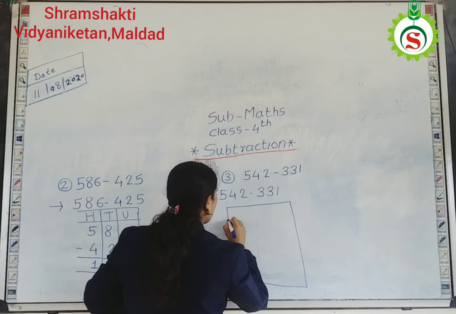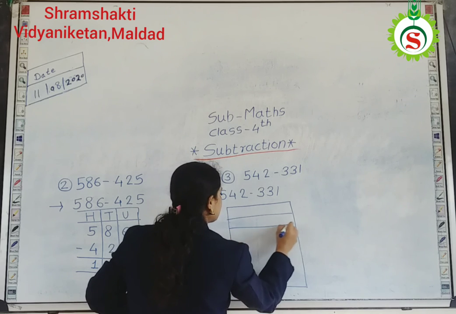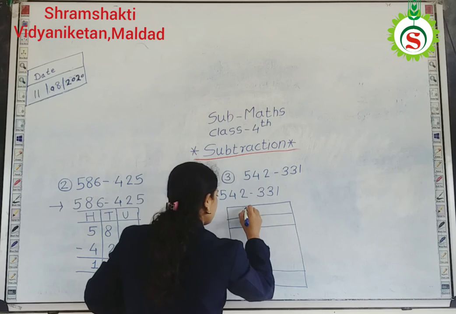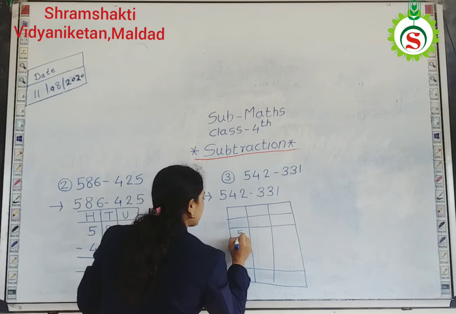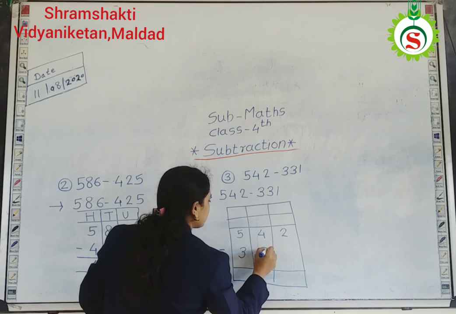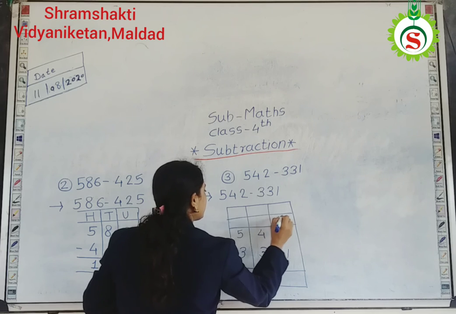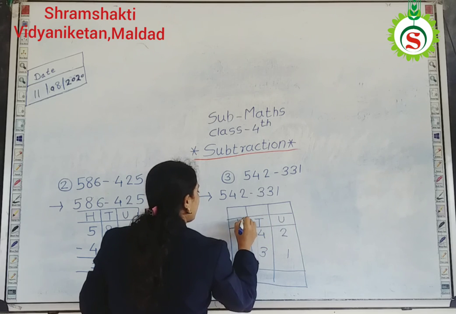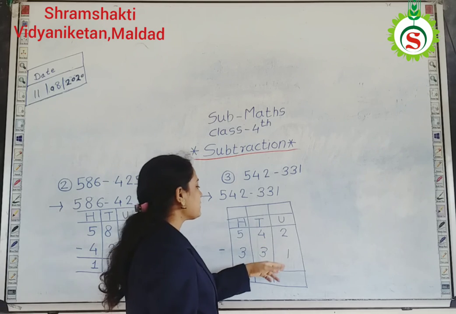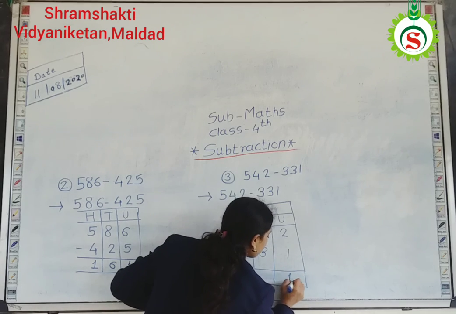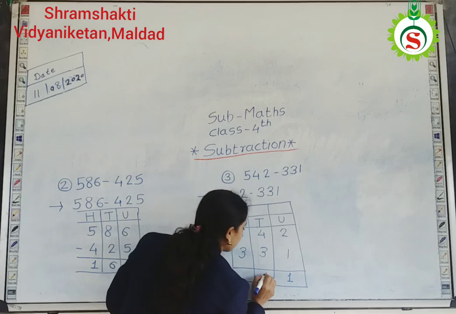For making columns you use a scale and pencil. 542 minus 331. Units place, tens place, hundreds place. Then simple subtraction. 2 minus 1, 1. 4 minus 3, 1.